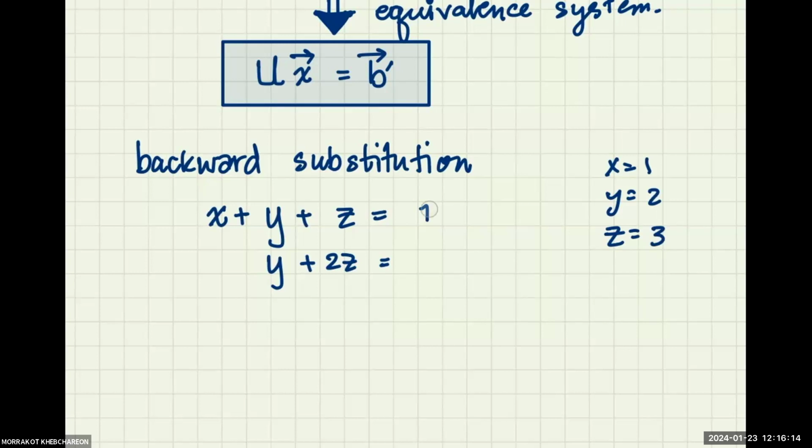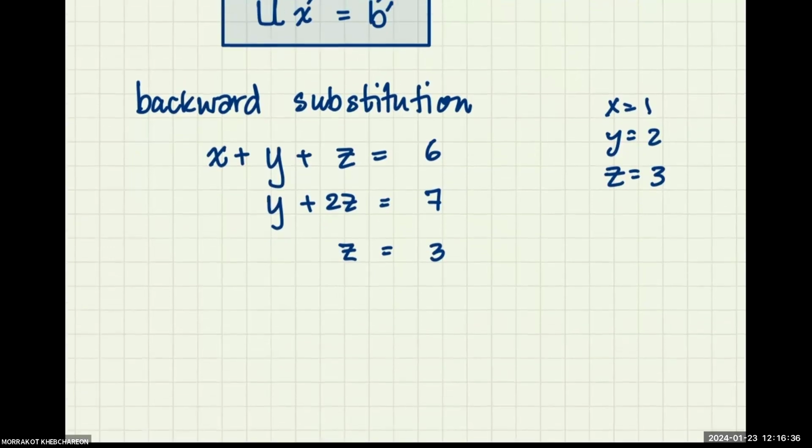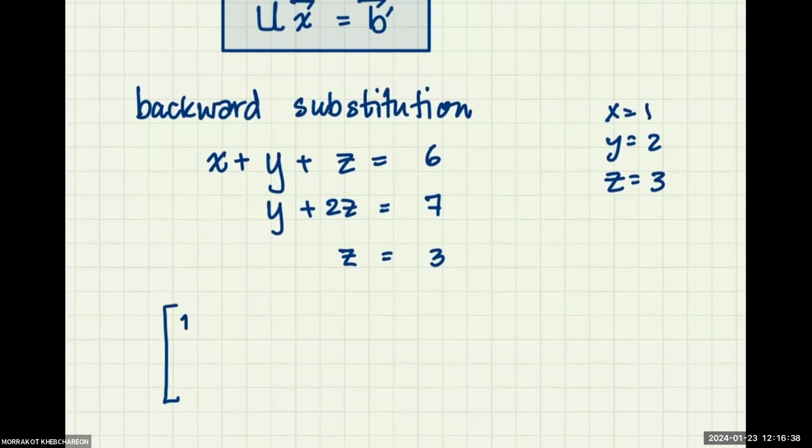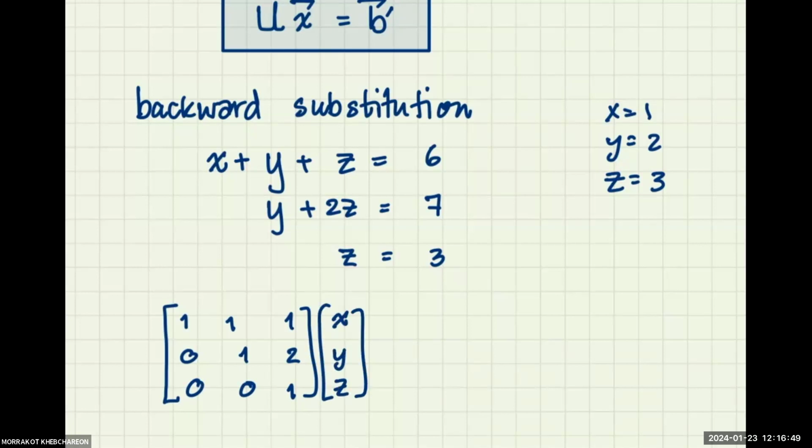If we write this in terms of the augmented matrix, or matrix-vector form, you will have the system as 1, 1, 1, 0, 1, 2, 0, 0, 1, times x, y, and z equal to 6, 7, 3.